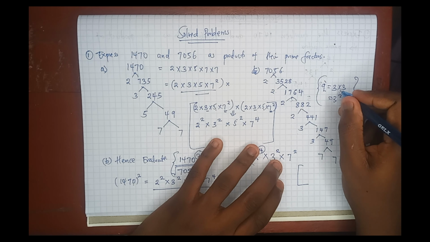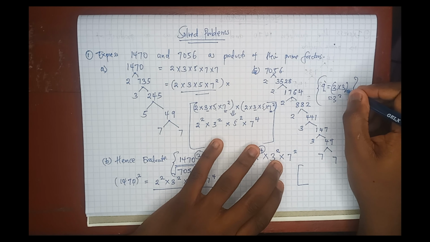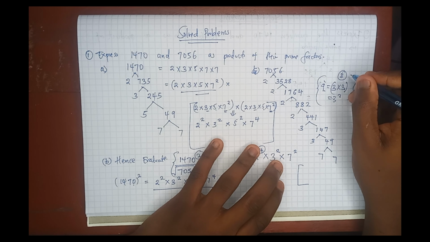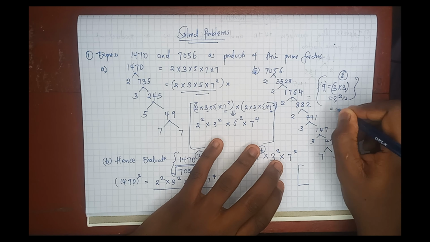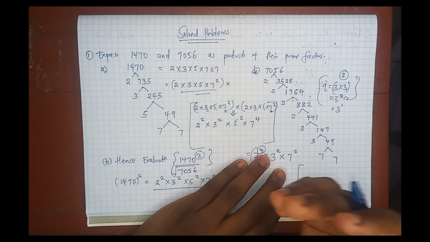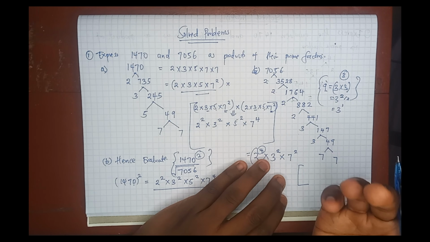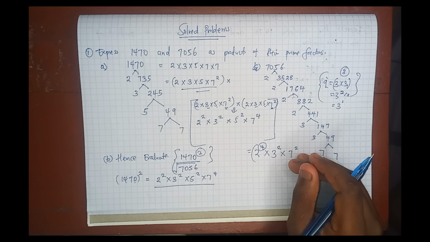So meaning that for every two 3s you pick one, it is just this number divided by 2 to equal 3 power 1. I hope you understand. So that is how we explain square root in layman's language when it comes to factors.